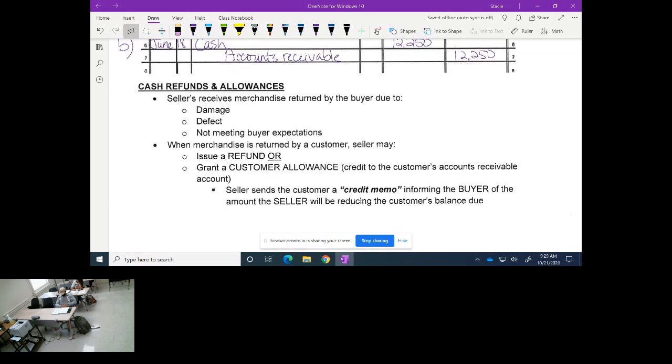Like you took something back to Walmart, and if you don't have your receipt, they'll give you a gift card. That's a store credit, right? A lot of places will say no refunds, returns for store credit only, especially clothing places, the little shops. So an allowance is a credit, an account credit, or a store credit.